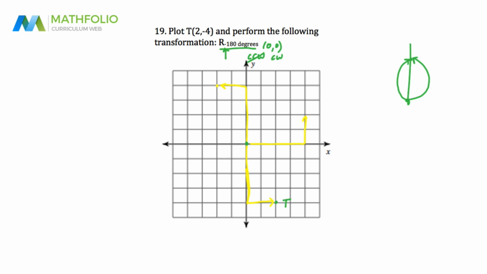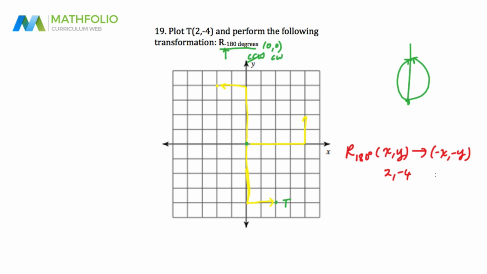The other way that we could do it is to remember the rule, which is when you rotate 180 degrees or negative, like I say, it doesn't really matter, it's the same thing. Our x comma y, the rule is that we negate both. It becomes negative x, negative y. So in our case, we had 2, negative 4.